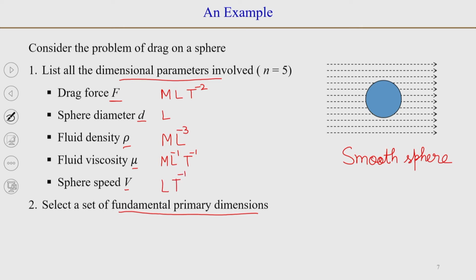Now, we see that the fundamental dimensions involved here are M, L and t. So, we list down all the fundamental or base quantities. Here we have 3 such quantities. So, the number of dimensionless groups will be 5 minus 3 or less, right.